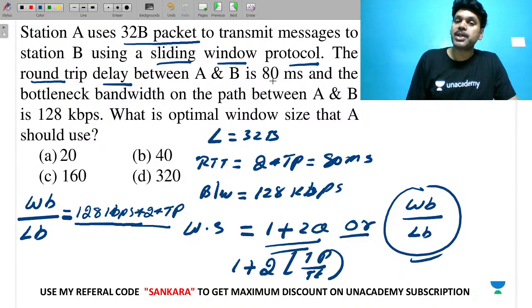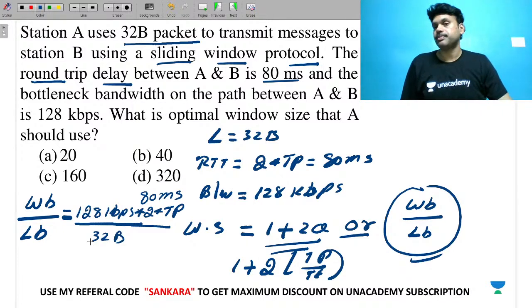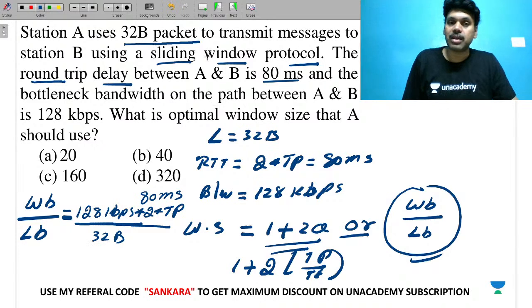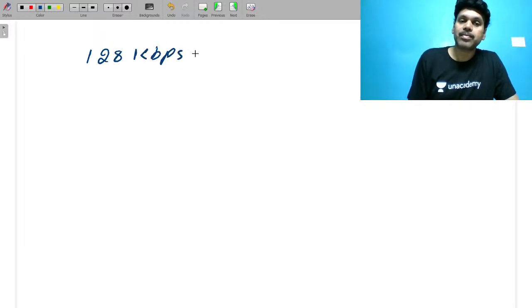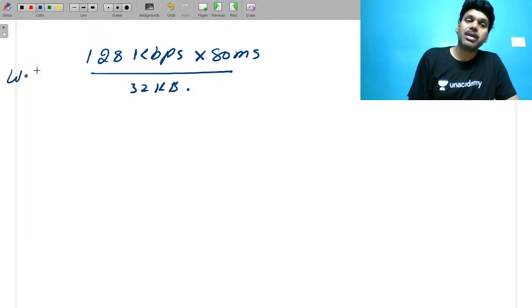So 2 of your TP is already given, 80 ms, divided by your message size 32 bytes. So this is the equation. Let me sort it out. 128 kbps into 80 ms divided by 32 kilobytes. This is your window size.